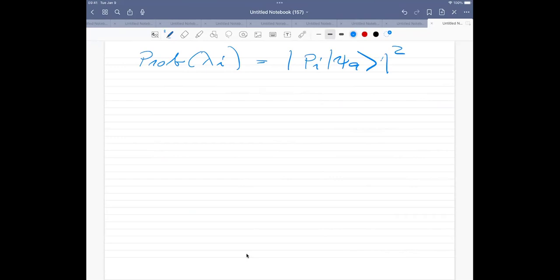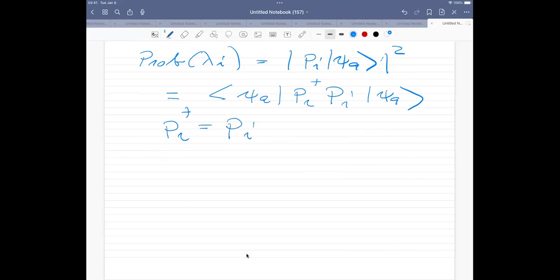So what this actually means is that we can write this as psi of A multiplied with P of i, Hermitian conjugate, acting on psi of A. One thing which is important for us is that these are Hermitian operators, so P of i dagger is equal to P of i, and P of i squared is equal to P of i. You can see that if you go back to these simple examples.